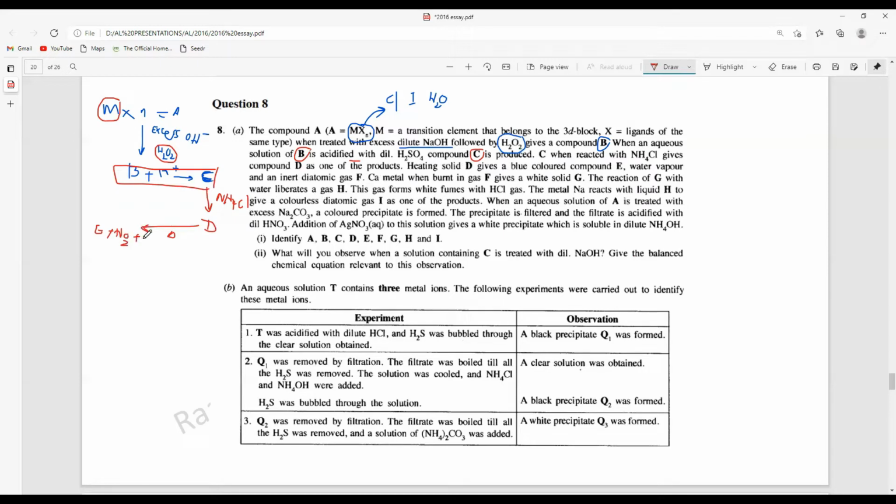So at this point, you should be able to find what this inert diatomic gas is, why it is giving water, and what E is here, in fact, what D is here.